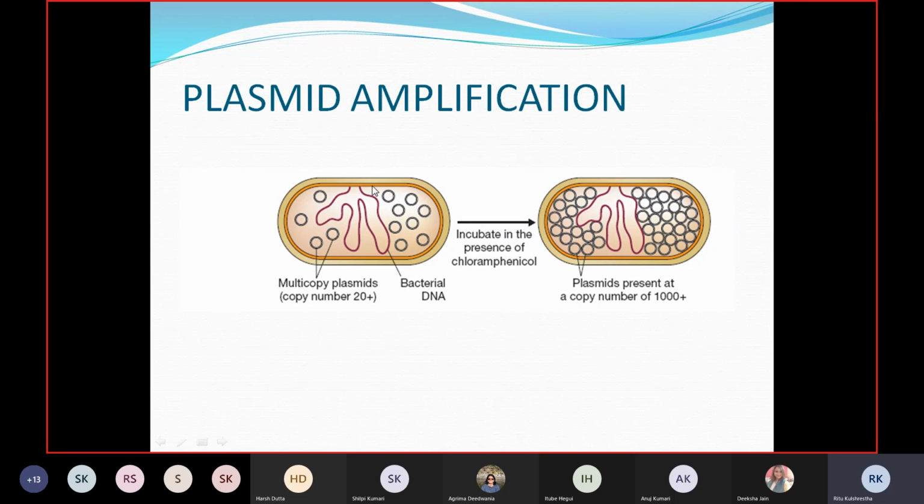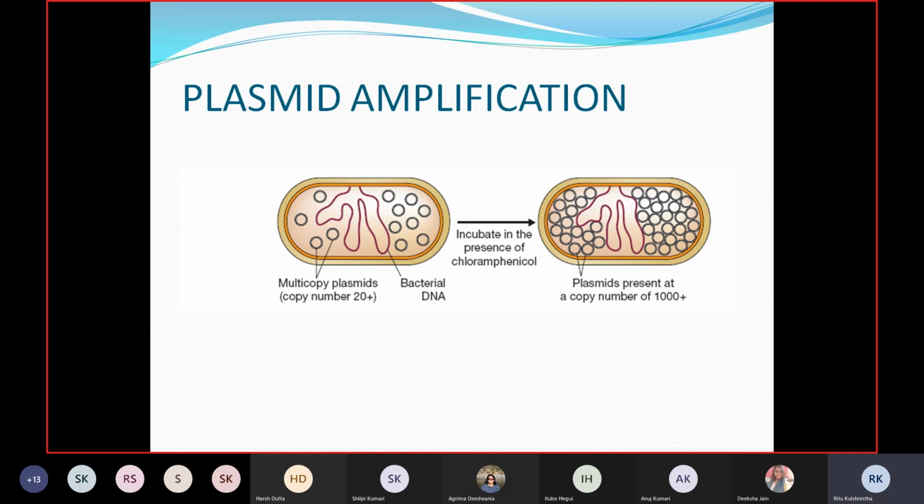But it was seen that the bacterial chromosome replication was strongly inhibited. So now the whole energy goes into replication of the plasmid, and the bacterial chromosome is not replicated. As a result, they found that after treatment with chloramphenicol, a huge amount of plasmids were present. So what they generally do is grow the bacterial host strain to a particular density.